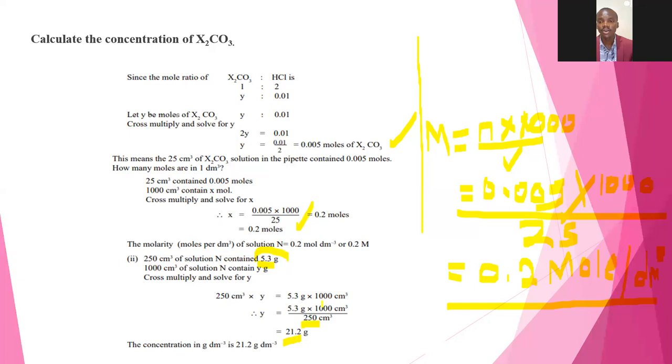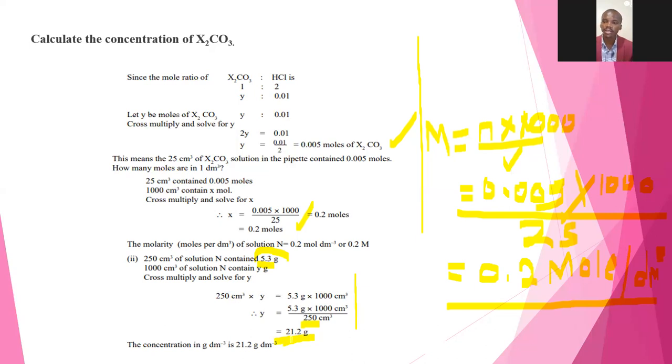In each liter, how many grams are required in that concentration? So therefore, we get 21.2 grams per liter or per dm cubed. In each liter, we'll have 21.2 grams of X carbonate. I want you to understand that.